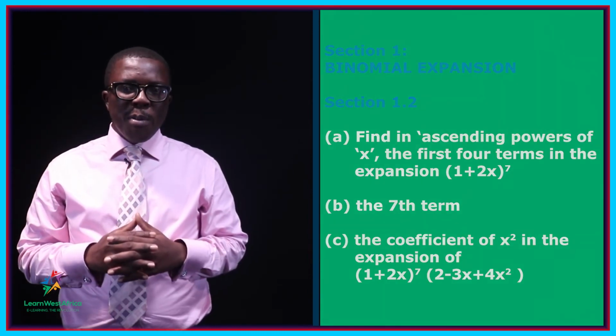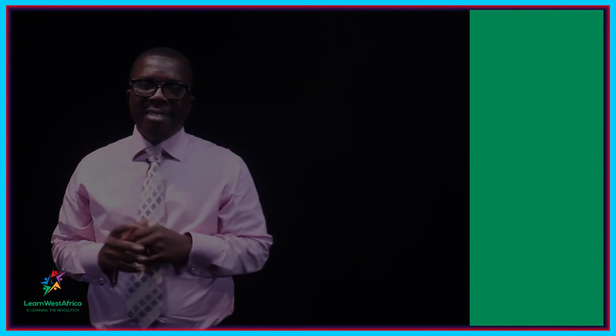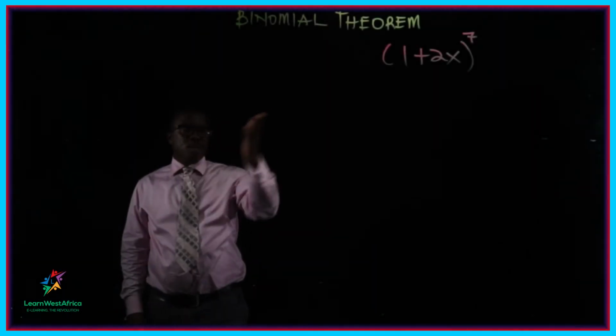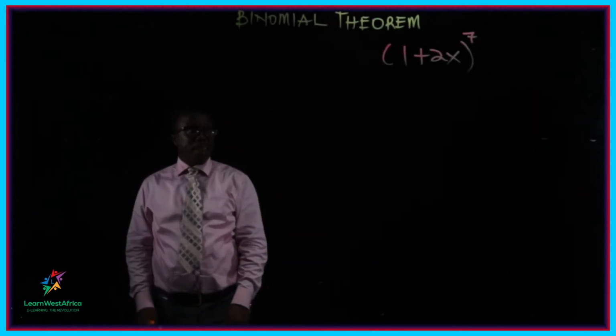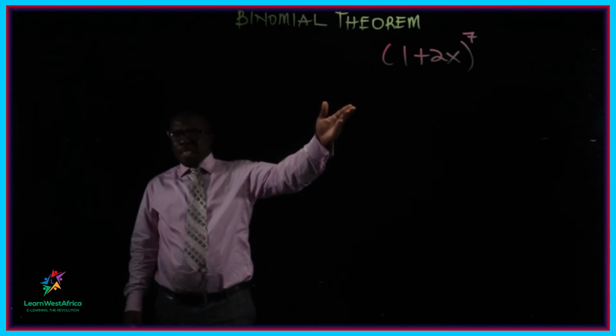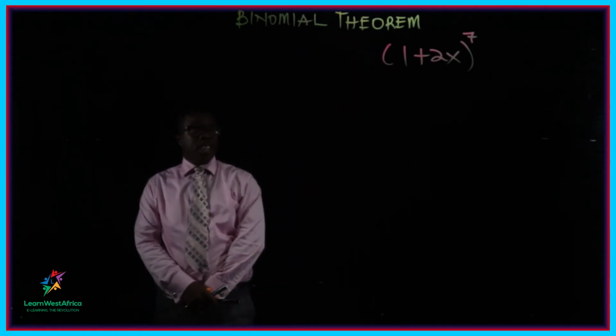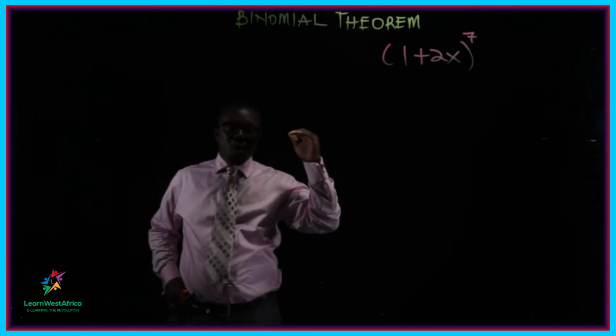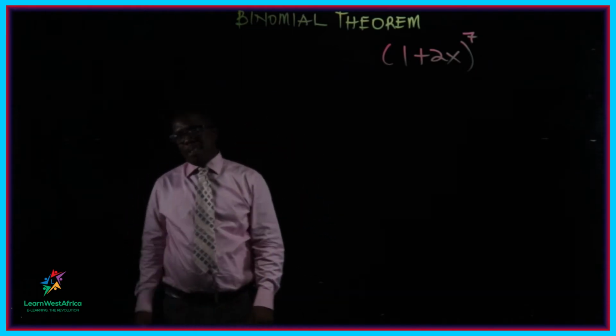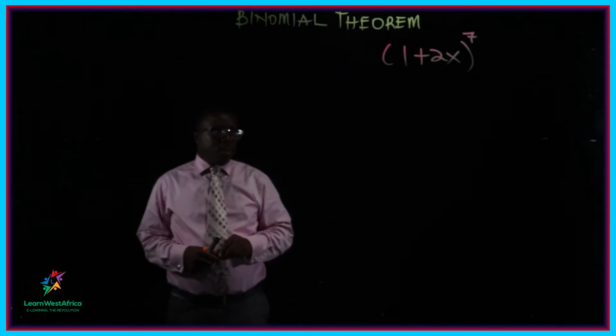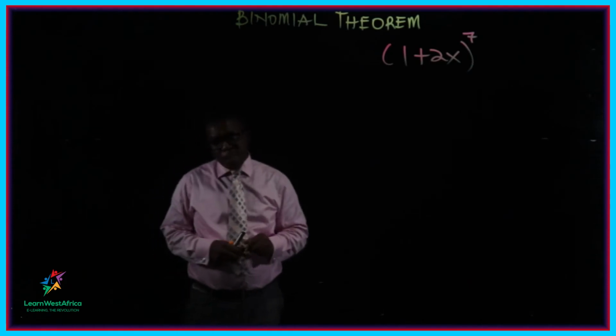How do you resolve such a problem? Watch. Right, so like you saw in the question that was just shown, we've been given another binomial expression here. This is (1 plus 2x) all to the power 7. And 3 sub-questions are being asked of us.